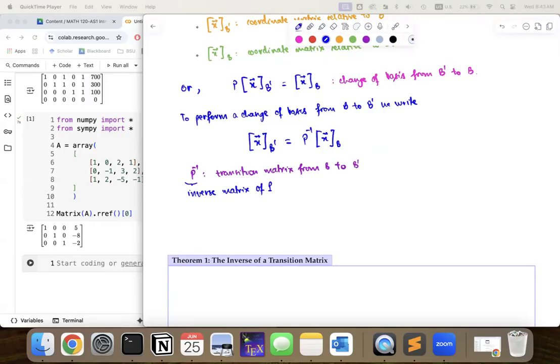P is the transition matrix from B prime to B, and P inverse is the transition matrix from B to B prime.